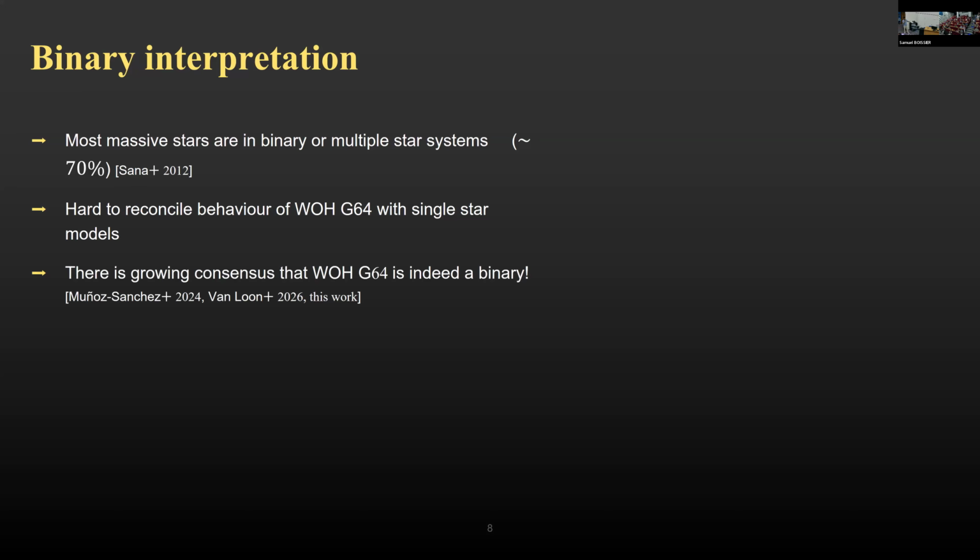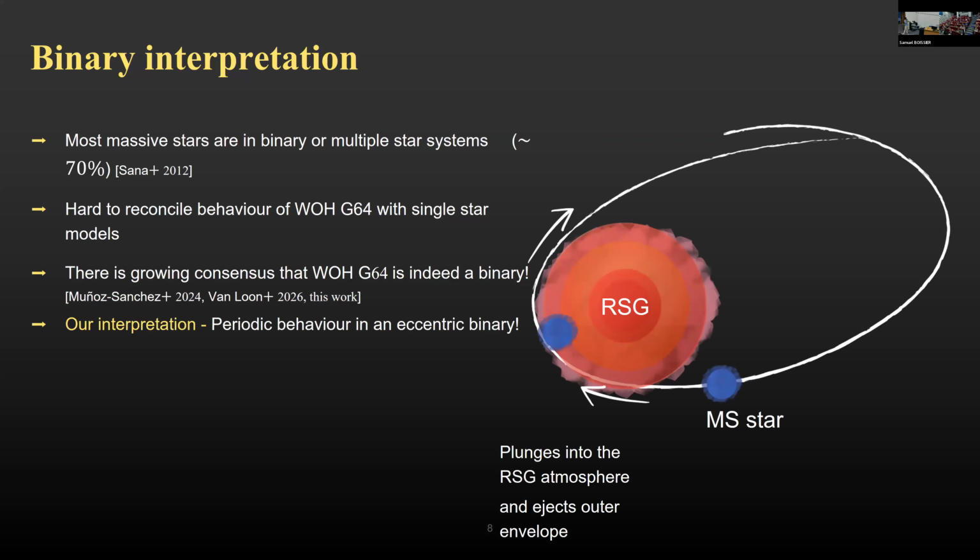And because of the composite spectral features, because of the forbidden emission lines and the TiO bands, there is now a growing consensus that this is a binary system. We think the same. We think it is a periodic behavior in a very eccentric binary system. So the companion star gets close to the red supergiant atmosphere. It plunges into the RSG atmosphere and ejects the outer envelope of the red supergiant.